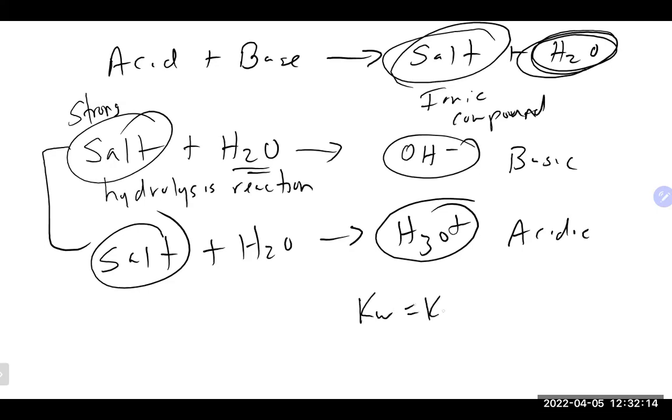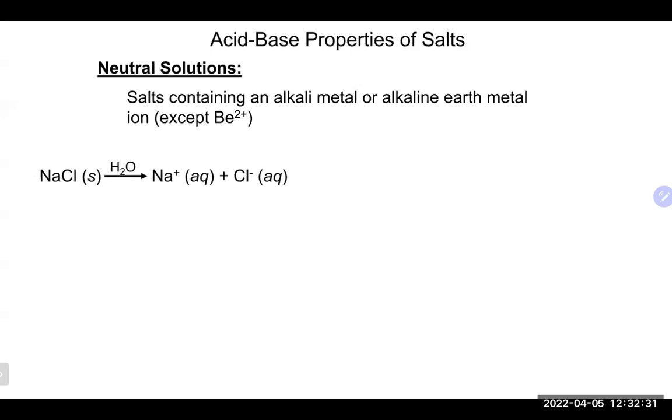So again, if you got an OH minus, that is a Kb situation, and that is a Ka situation in these guys. So let's think about neutral salts, for example.